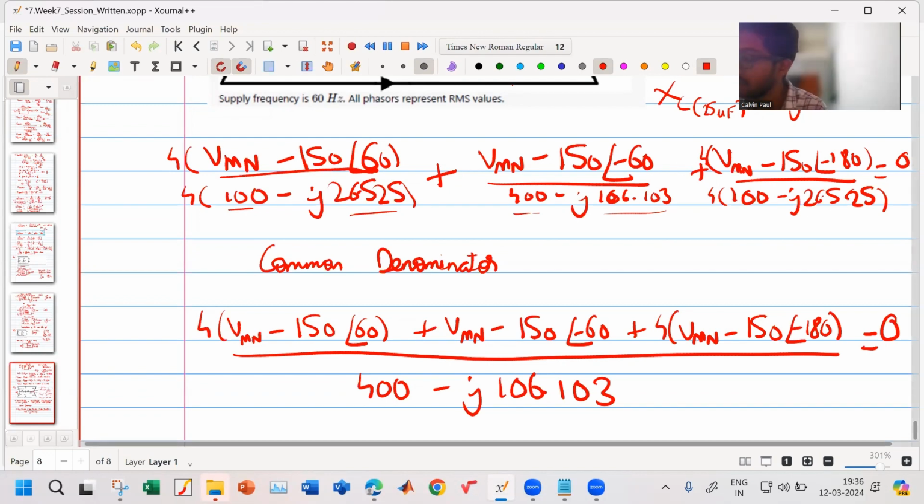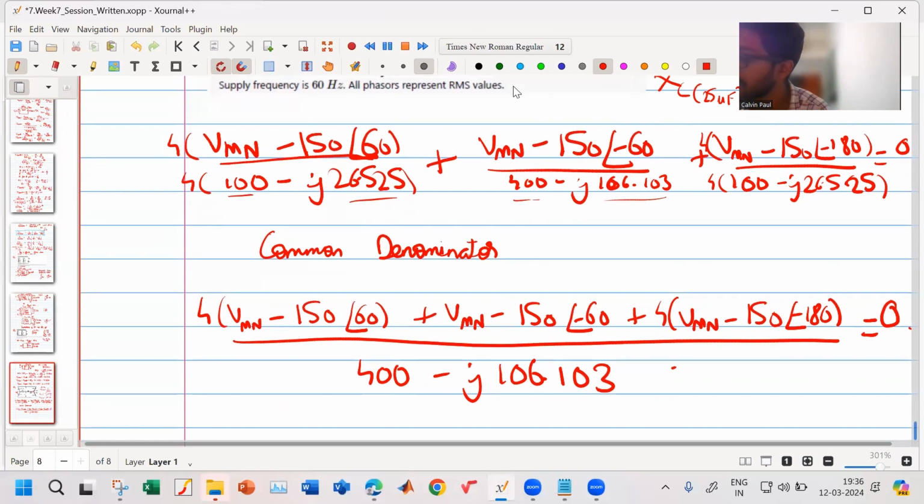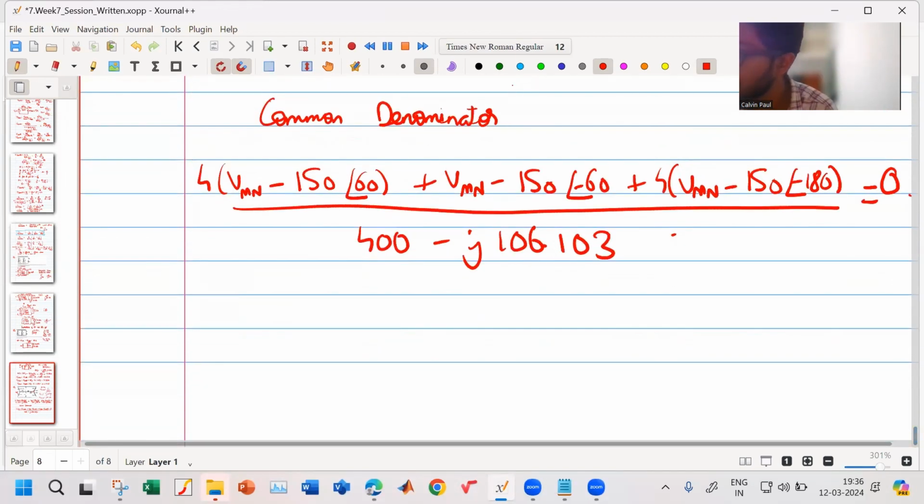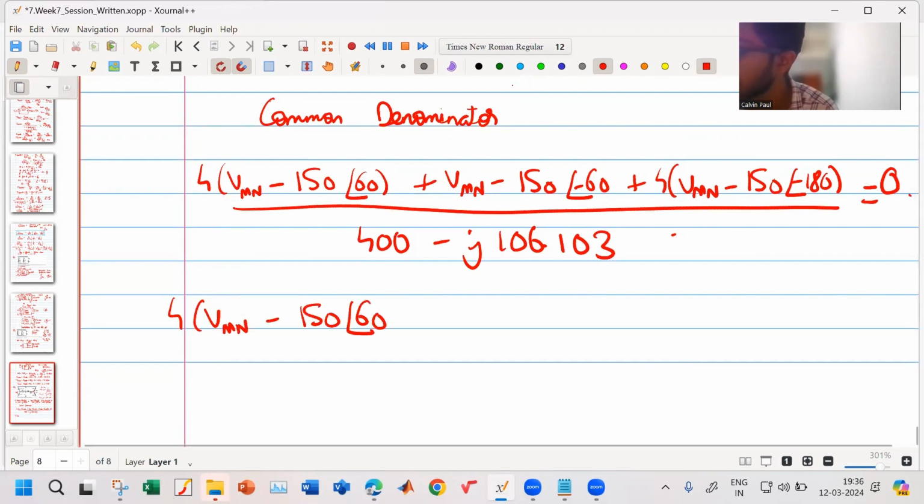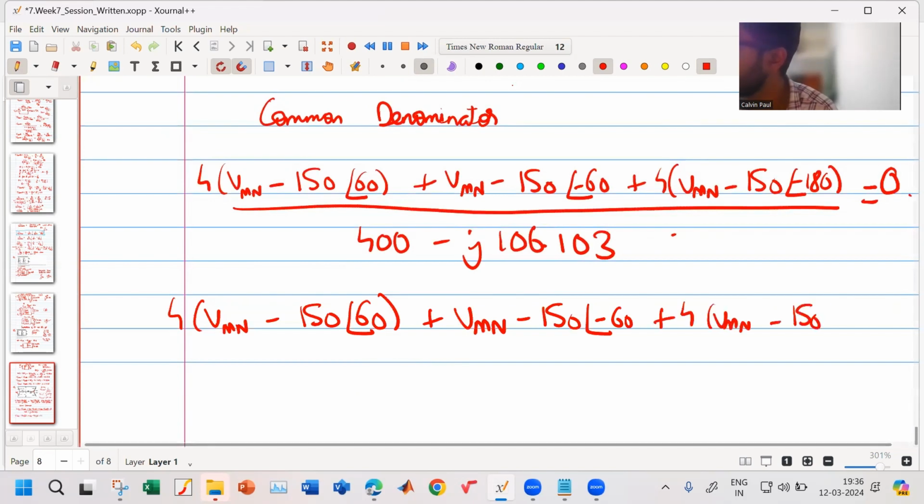Now what to do? The denominator is 0, so if we take the denominator to this side, it becomes 0. That means we have 4 into VMN minus 150 angle 60 plus VMN minus 150 angle minus 60 plus 4 into VMN minus 150 angle minus 180 is equal to 0.